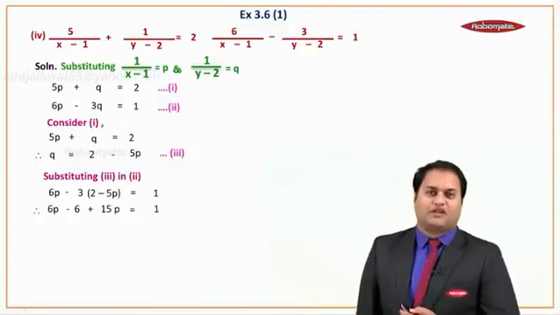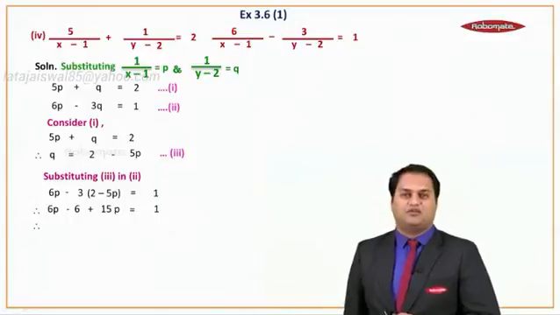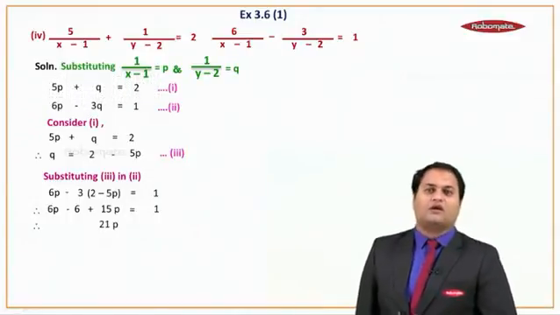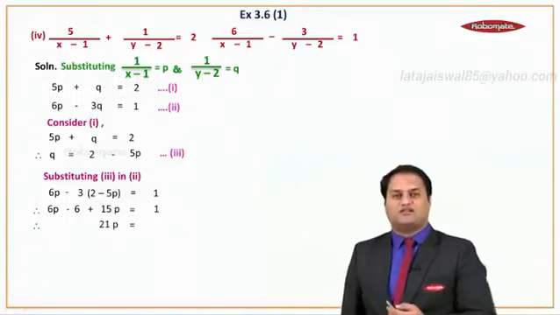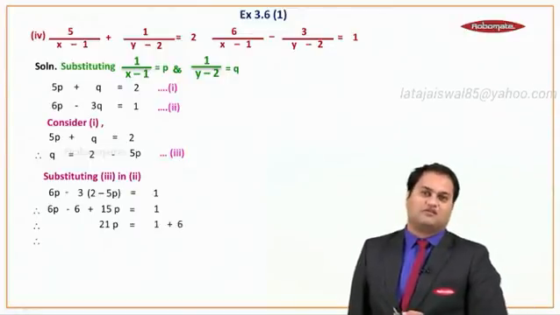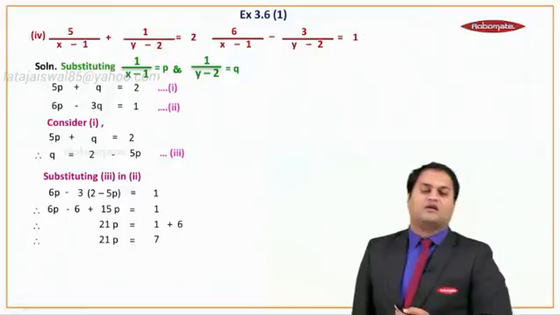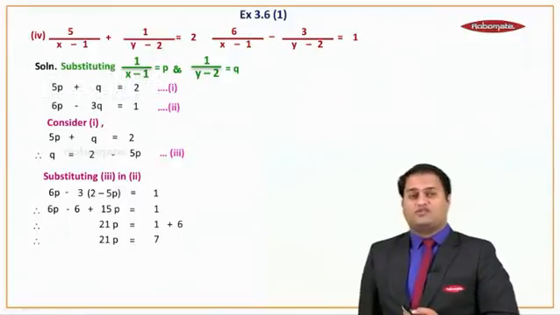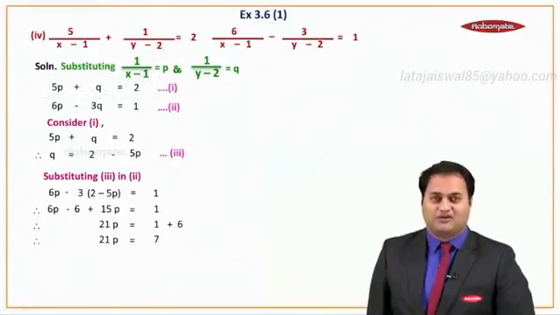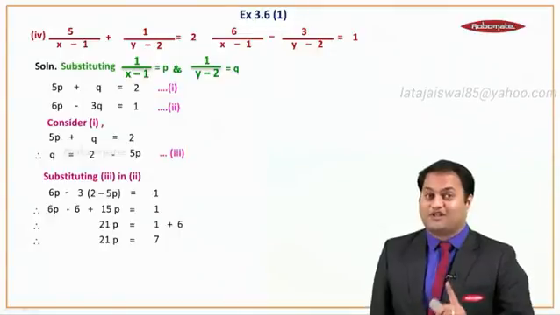Now like terms together, 15p, 6p will give you 21p. Minus 6 goes to the other side, you get 1 plus 6. 21p, 1 plus 6 is 7. If 21p is equal to 7, then p is equal to 3, right? No, don't make this mistake in the exam.